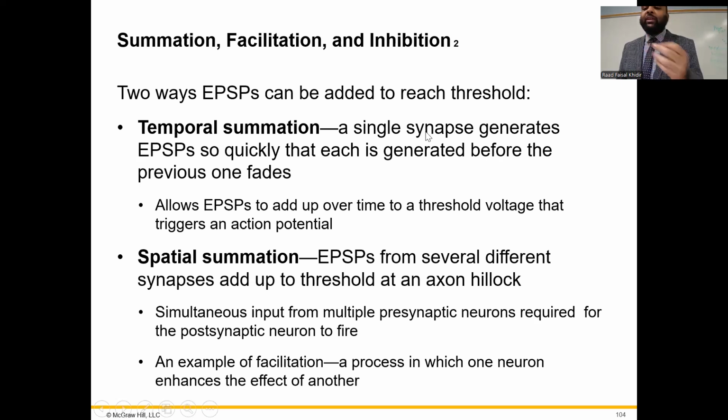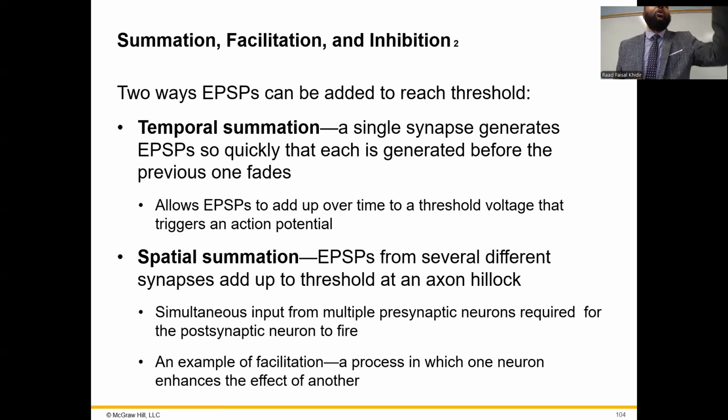In temporal summation, a single synapse would generate excitatory postsynaptic potentials so quickly that each is generated before the previous one fades. And that allows the excitatory postsynaptic potentials to add up over time to a threshold voltage that triggers an action potential.